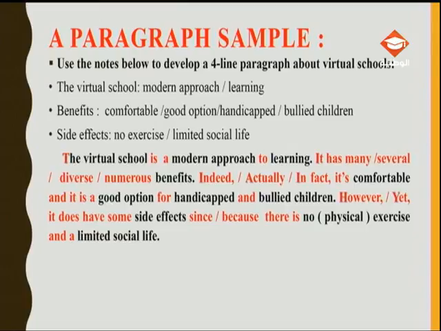Then the slash is replaced by the preposition for, a good option for handicapped, not just handicapped, but also bullied children. Therefore, we replace the second slash by and: for handicapped and bullied children. That's all for this sentence.